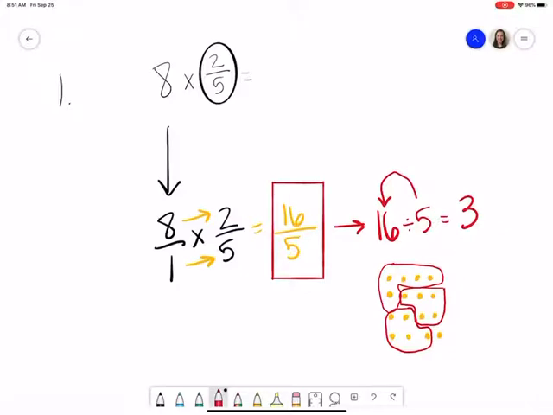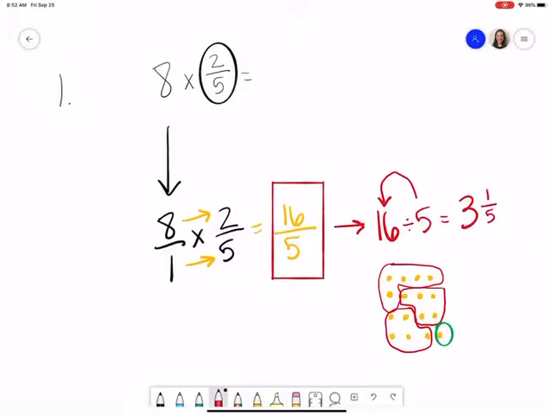How many do I have left over? I have 1 left over, okay? And that 1, it needed to be in a group of 5, okay? But it didn't get to be in a group of 5 because we don't have 4 more to complete it. So we're going to leave it 1/5, okay?